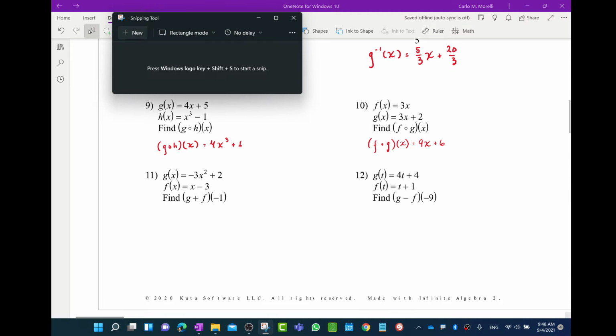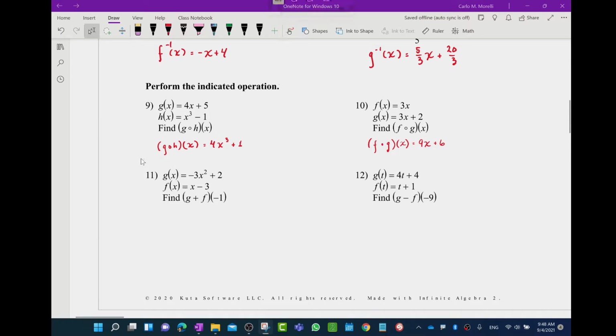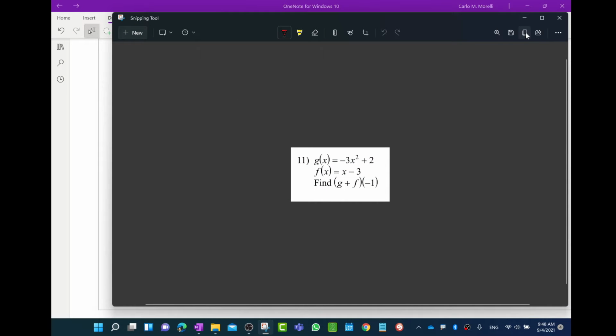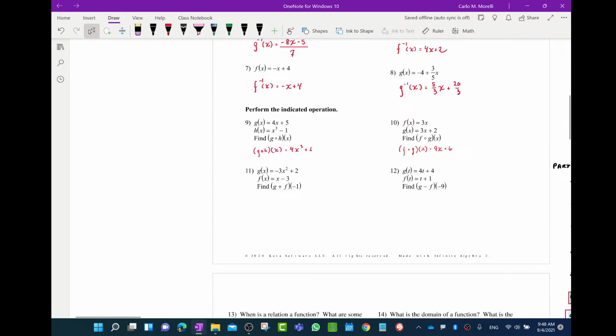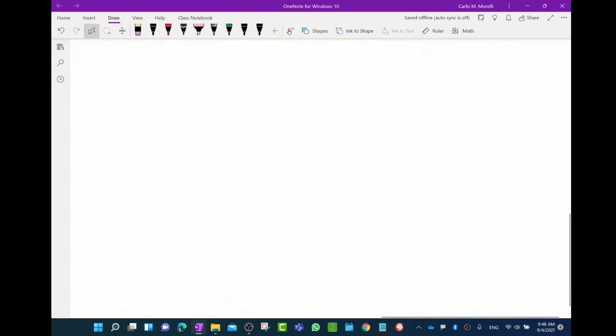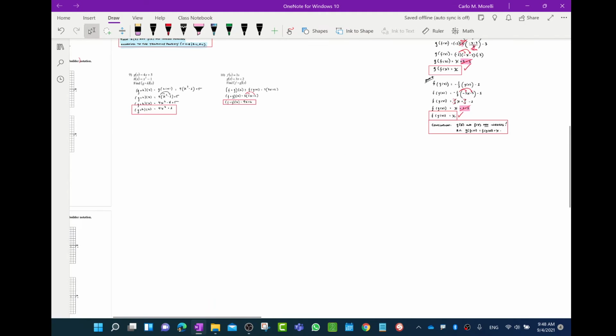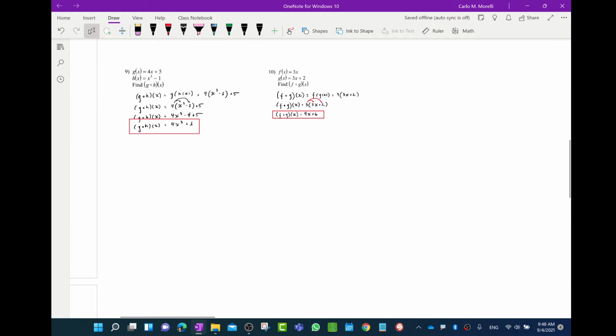So let's clip out number 11. And find a place to put it. Put it right here.